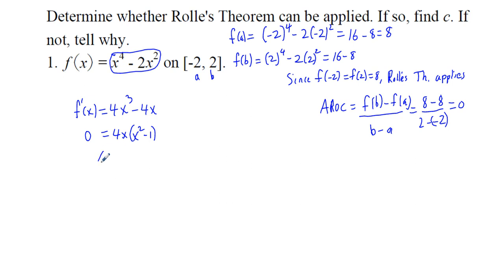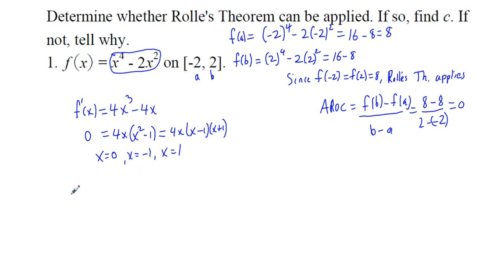And so we have x is equal to 0, and also we have x minus 1, x plus 1. We're going to have x is equal to negative 1, x is equal to 1.